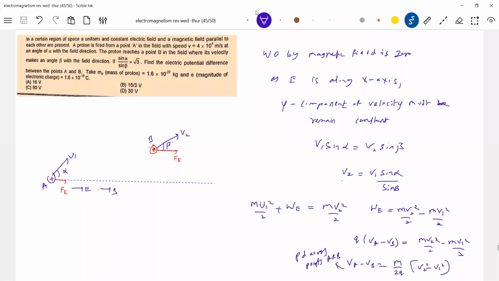If you're able to imagine, okay, fine. I cannot write only equations, so I took some basic diagram.